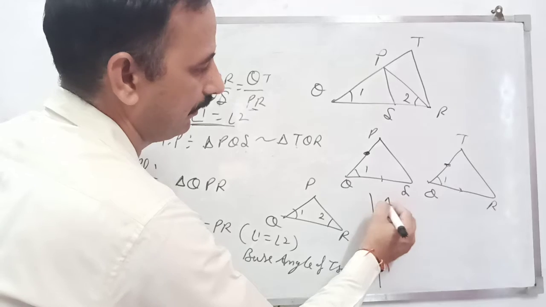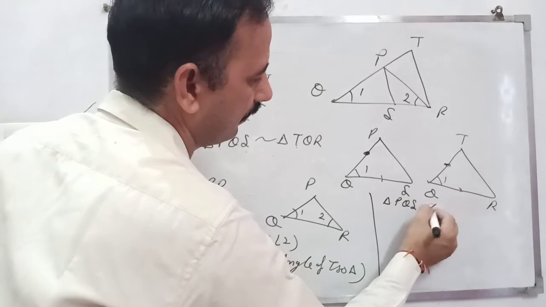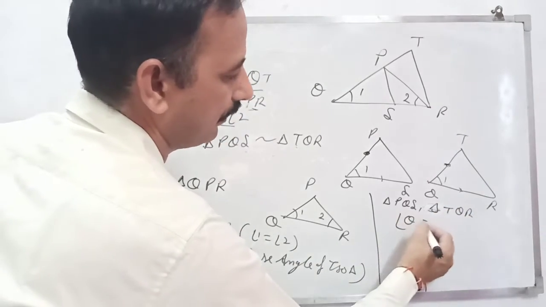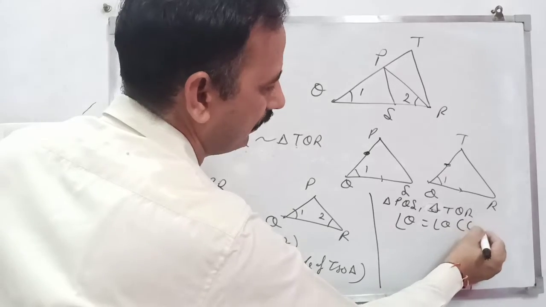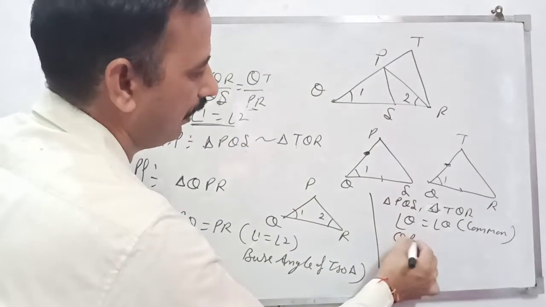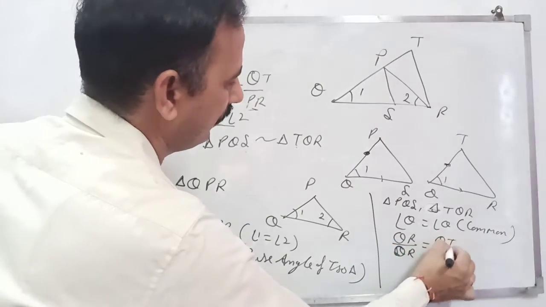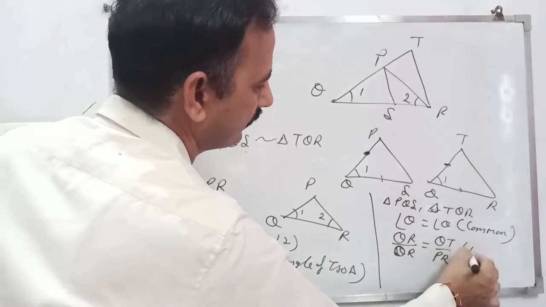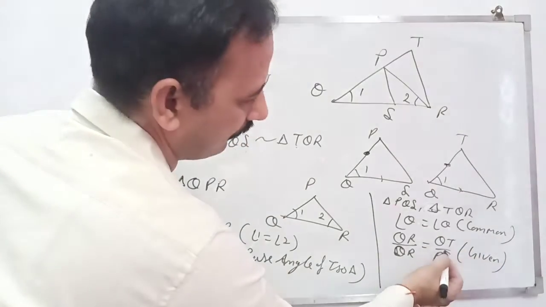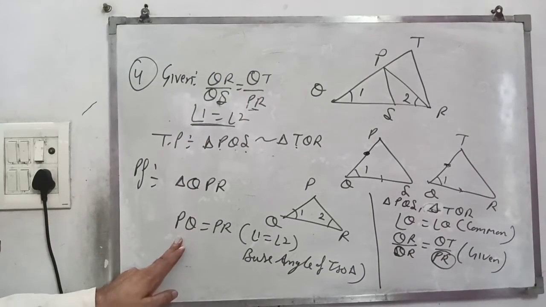Now we use triangle PQS and triangle TQR. So angle Q equal to angle Q, it's common, and QR upon QS is equal to QT upon PR, that is given. Now we replace PR by PQ because both are equal.